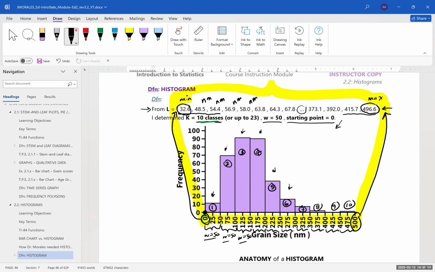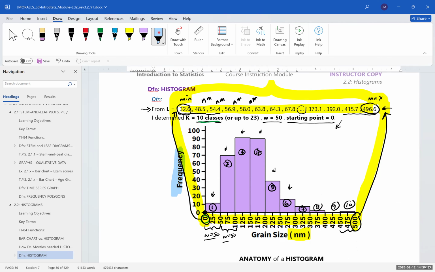And you'll notice here that I labeled this horizontal axis in units of nanometers. Okay, so the horizontal axis will have the same unit of measurement as our datums in our data set. But the vertical axis can be in 2 different scales.